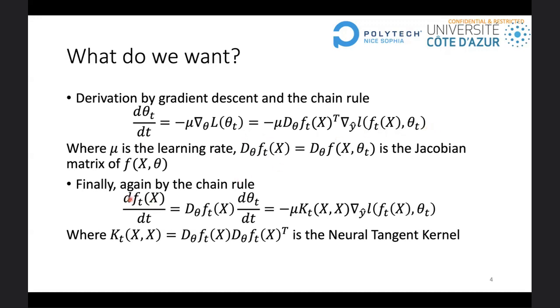And finally, one more time with the chain rule, we get this another derivation of f_t(x), and here we introduce K_t(x,x), the neural tangent kernel we want to use, and it's simply the Jacobian matrix times its transpose.